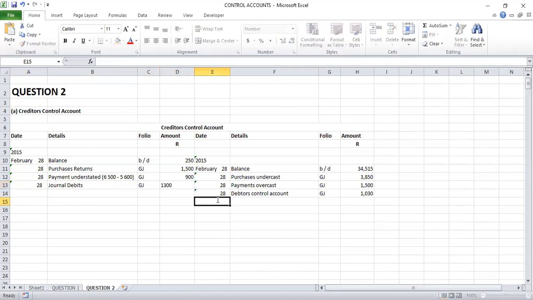Then we'll have general credits, right. Then we balance our account.